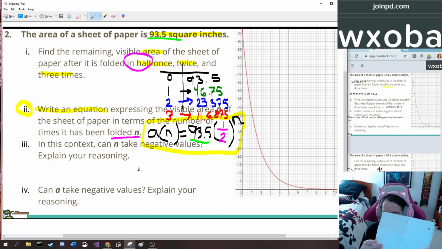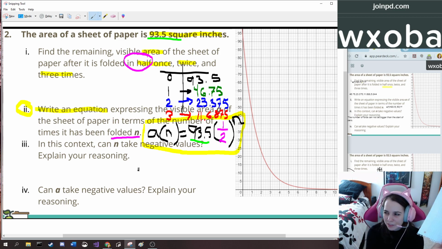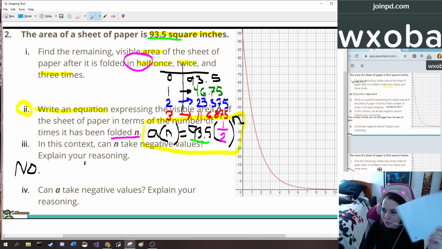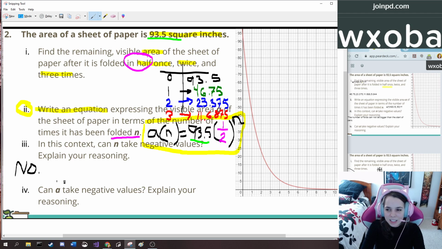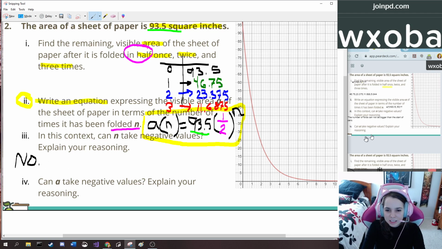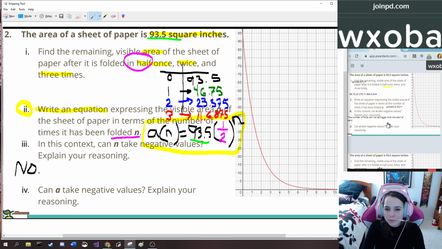There would be no negative folds in this context of the problem, right? So the answer is no. You can't have negative folds in this context, so negative n's do not make sense. The number of folds cannot be smaller than the start of 0.